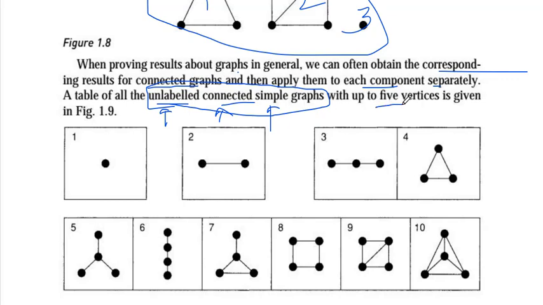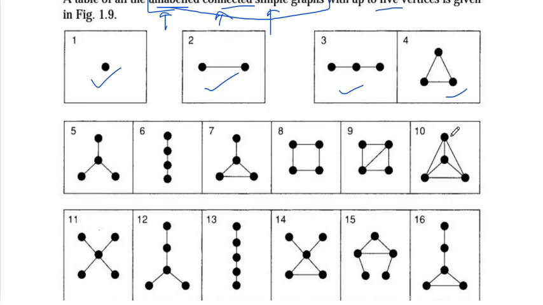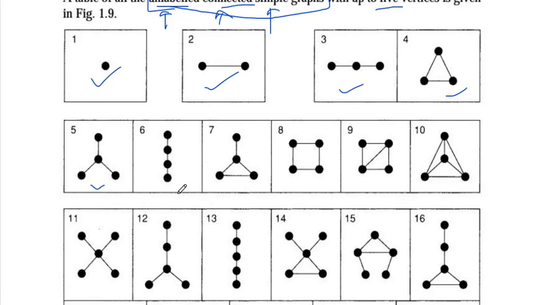So how many graphs can we draw for 5 vertices, under the condition that they are unlabeled, connected and simple, with no multiple edges and no loops. For one vertex we can make like this, for 2 vertices like this, for 3 vertices we can also make like this, for 4 vertices.